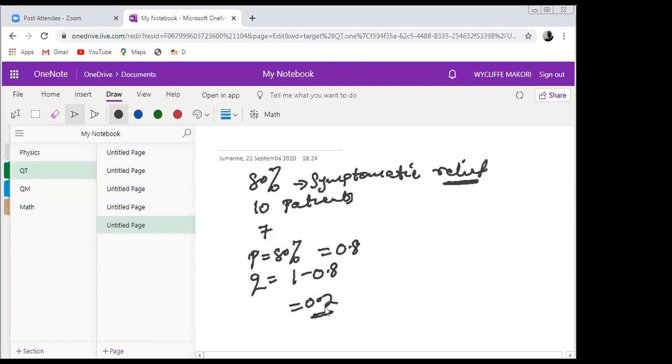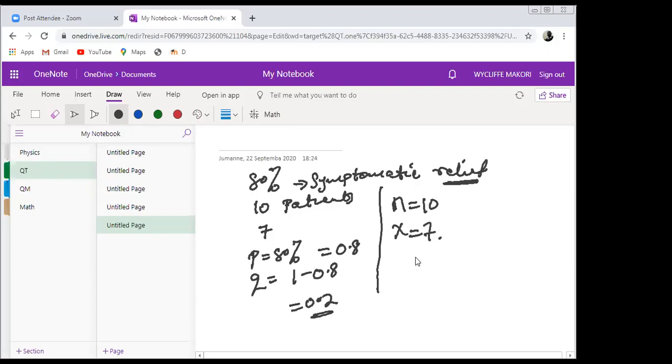It simply means there is a probability of 0.2 that these patients, when they take that medication, are not going to have any relief. Then this is our Q. The number of patients the medication is administered to is our N, and X is going to be 7.